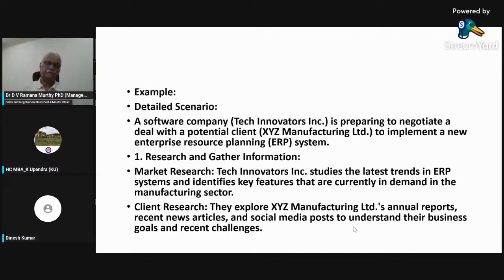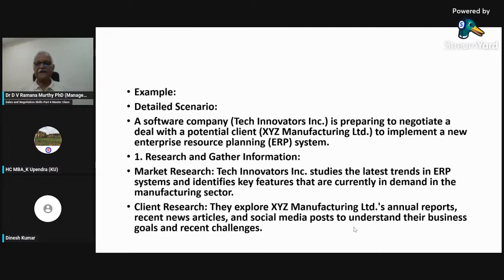Number two, your ERP system for manufacturing is just good enough. You could find out all the requirements and key features currently in demand. And fortunately, your ERP system designed by your sales organization, Tech Innovators Incorporated, is a superior product. Now, next comes client research.